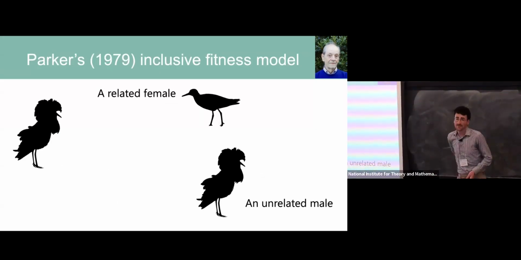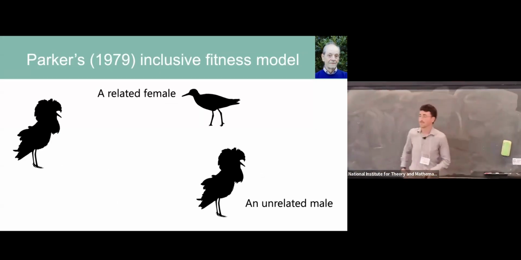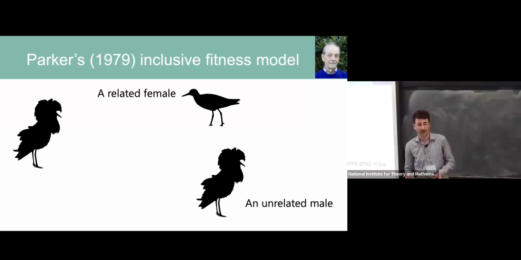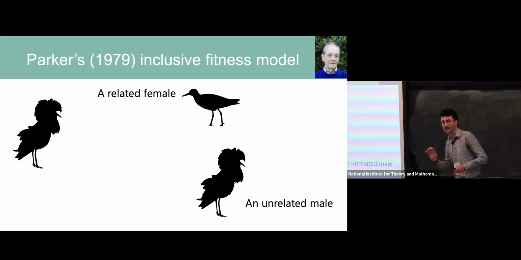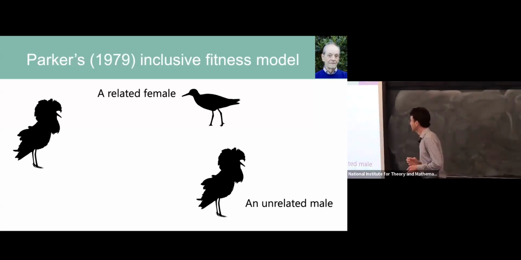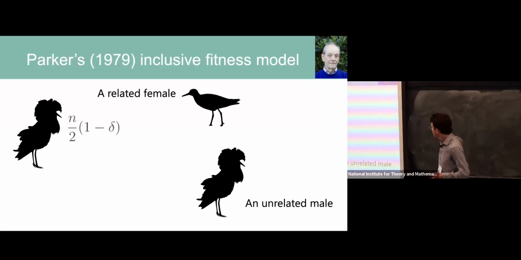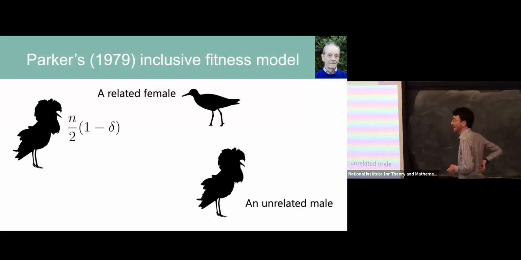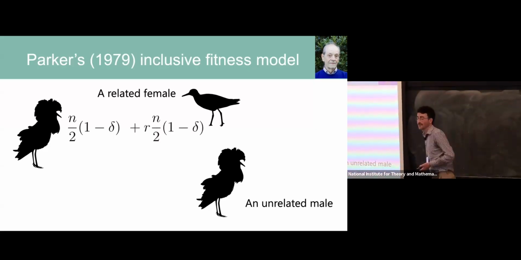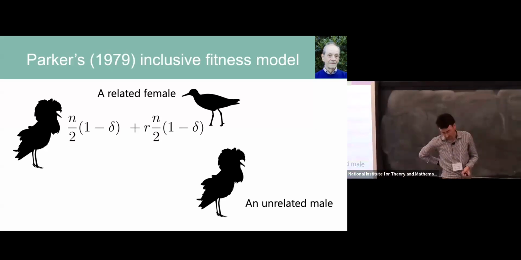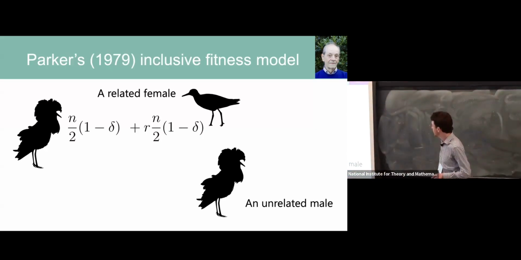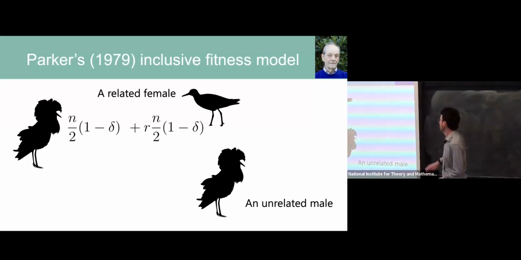Now, let's think about the male perspective. So if instead males control the outcome of mating interactions and they express inbreeding acceptance or inbreeding avoidance alleles, the situation is similar, but it has some crucial differences. So here, if a male breeds with a related female, we get exactly the same setup as we got in the previous slide, in terms of the gene copies that flow from this breeding attempt between a male and a related female.